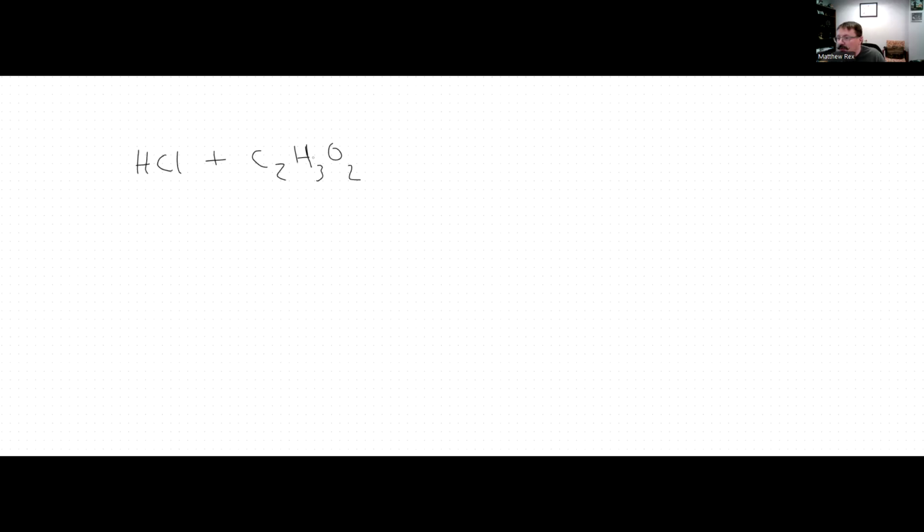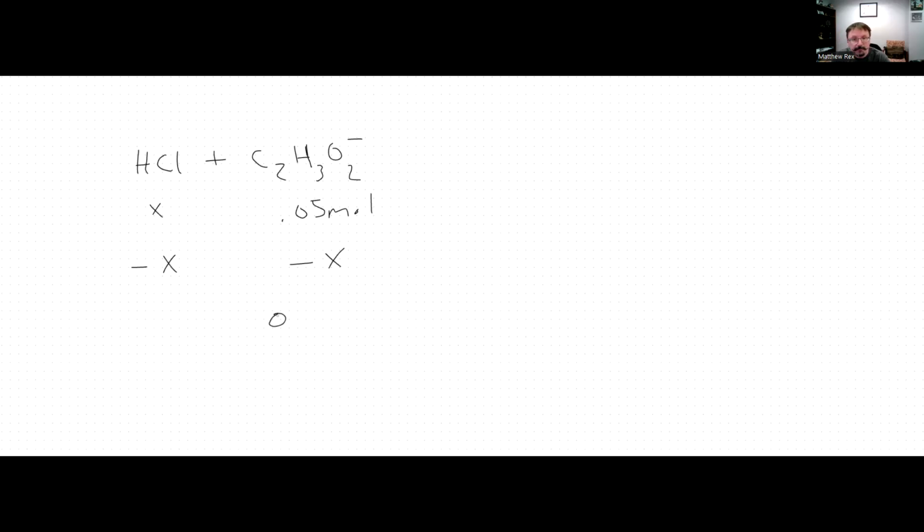So we have 0.1 liter times 0.5 moles, I have 0.05 moles of base in this case. And we'd have X amount of HCl, it's going to interact with that.